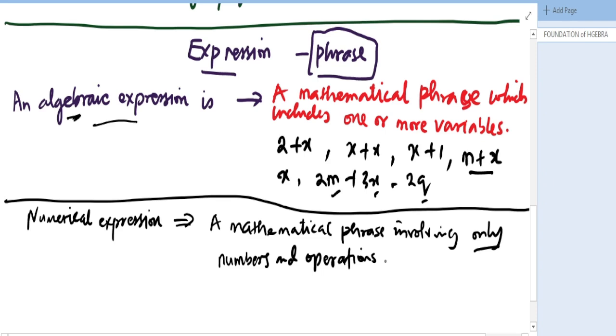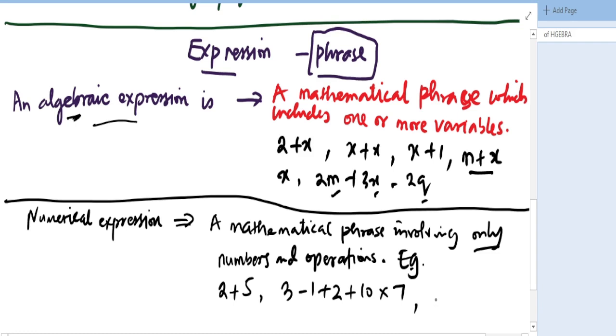A mathematical phrase involving what? Only numbers and operations. Example, if you have 2 plus 5, this is a numerical expression. If I say 3 minus 1 plus 2 plus 10 times 7, this is a numerical expression.